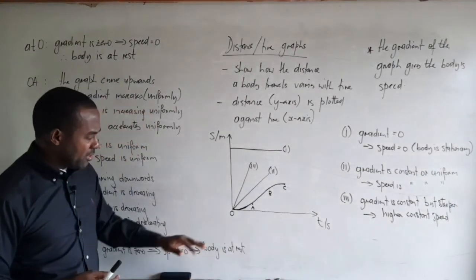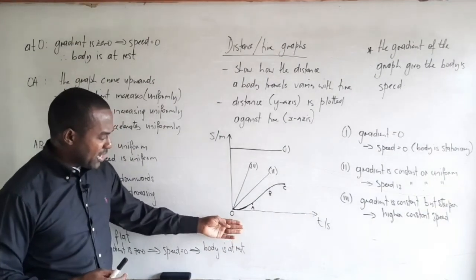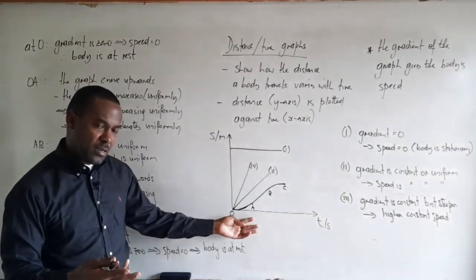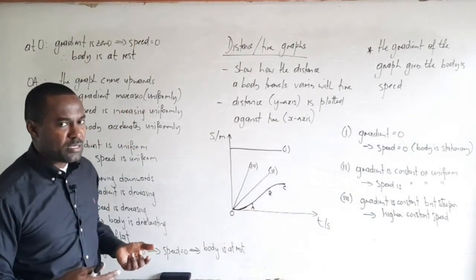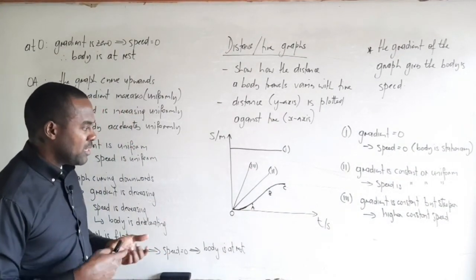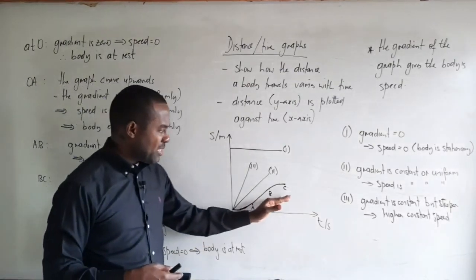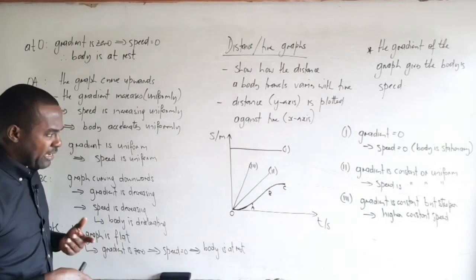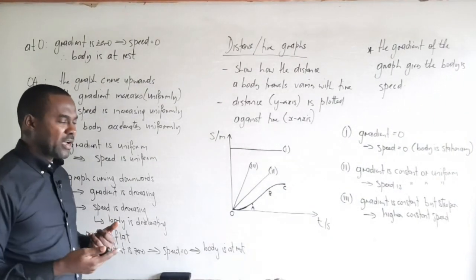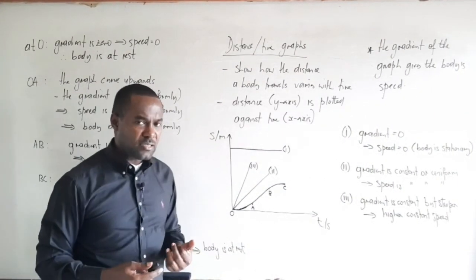So essentially, from O to A, the body accelerates to a particular speed, and then between A and B, it basically maintains that speed. So between A and B, the speed is constant, and then between B and C, the body starts to decelerate, the speed is decreasing, and eventually at C, the curve becomes flat, and once again, the body is at rest.